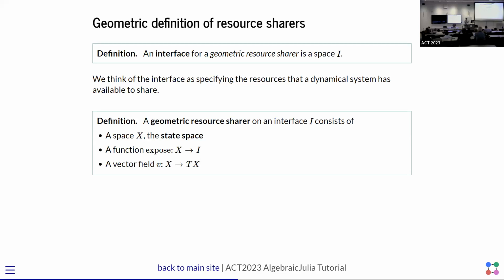And then our resource sharer on that interface would consist of another space, which is going to be the state space, a map from the state space to the interface, which you think of as exposing some part of the state via the interface, and then finally a vector field, as a map from X to the tangent space on X, a section of the tangent bundle. So this is a nice abstract way to think about that stuff, but it's not something you can immediately compute with, because how do you represent an arbitrary space? How do you represent an arbitrary smooth map?